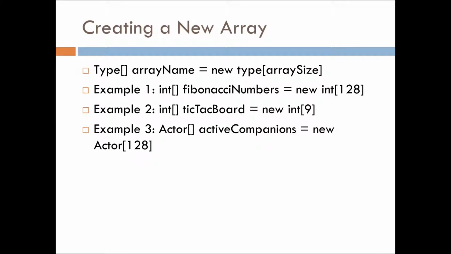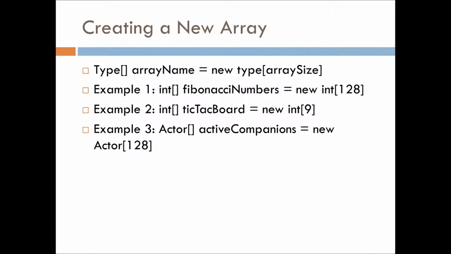And then you give it an array name, let's say my actors, my players, important values, etc. And then you set it equal to new to denote that you're creating a new one. And then the type of your array, like int, float, etc. And then you give it an array size anywhere from 1 to 128.